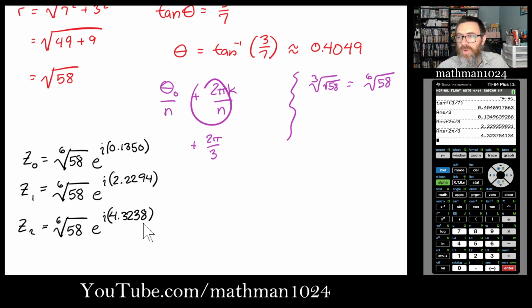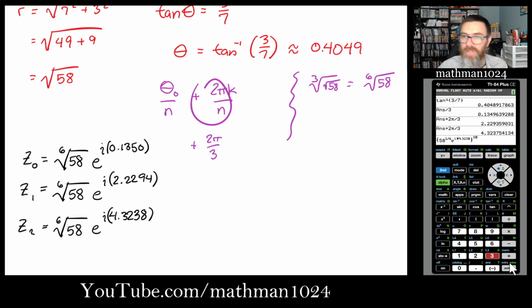But let's try to check one of our answers and see what we come up with. So I want to try to cube one of these that we have here. Let's start with the last one. If I cube 58 raised to the 1/6 power, e to the i times 4.3238, and I cube this, does this give me 7 plus 3i, or at least something that's close enough to it?